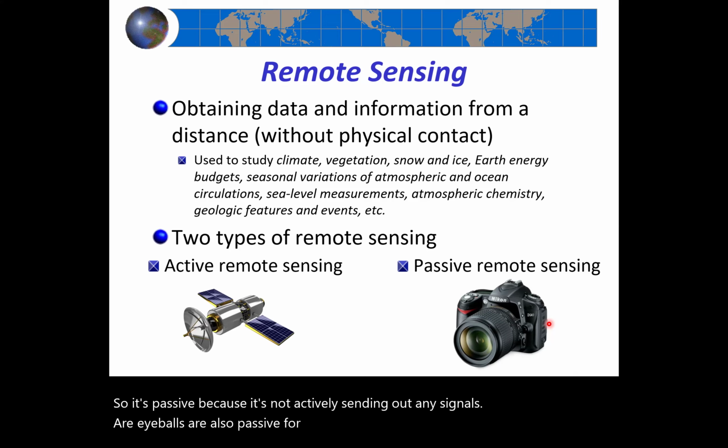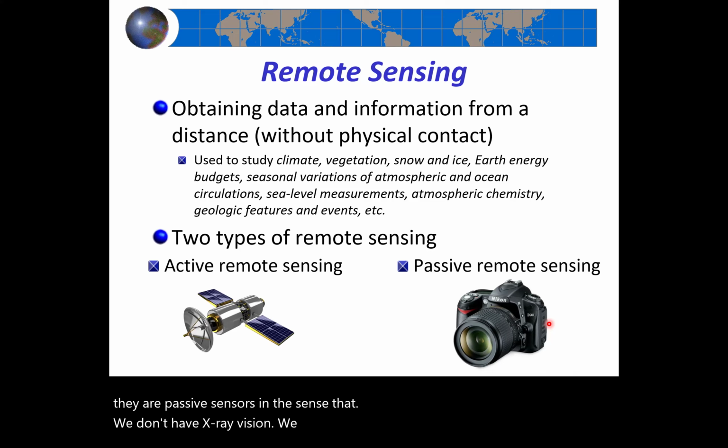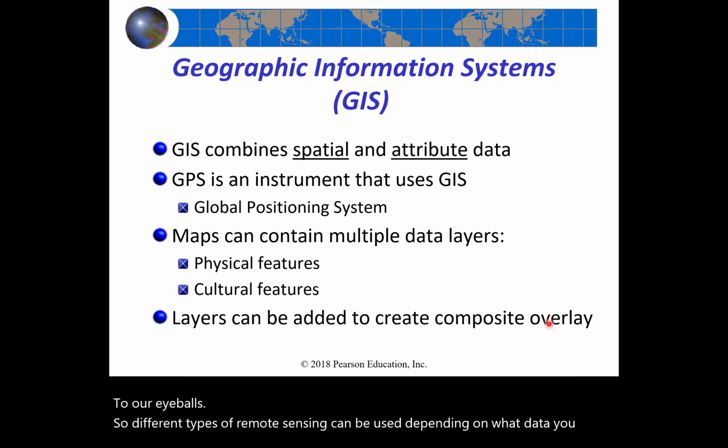I guess they're not very remote, but they are passive sensors in the sense that we don't have X-ray vision. We are only, well, I guess X-rays wouldn't be active either. We don't have laser eyes. Yeah, we are just collecting the visible light that's coming to our eyeballs. Different types of remote sensing can be used depending on what data you want to collect.